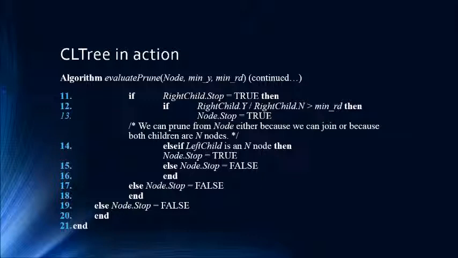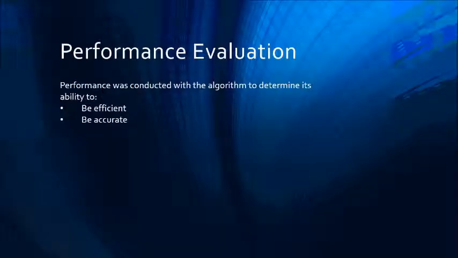Now let's look at the performance of the CLTree algorithm as implemented by the authors. With regard to performance, they tested the algorithm to determine its ability to be efficient and accurate as well. Just to note, these experiments were performed on very low-end machines.